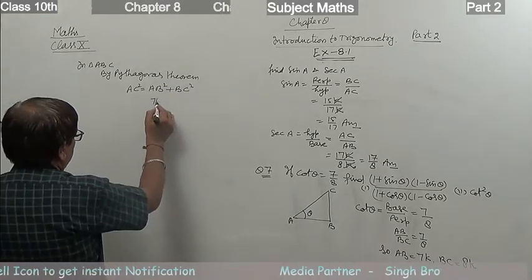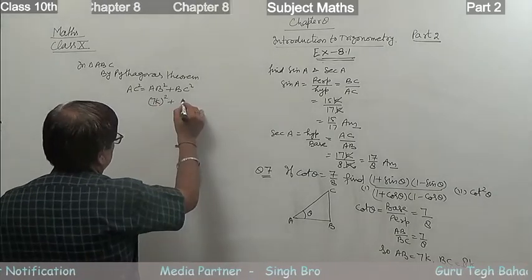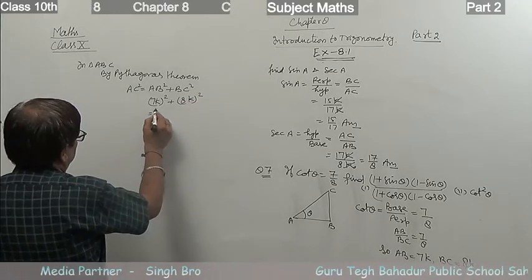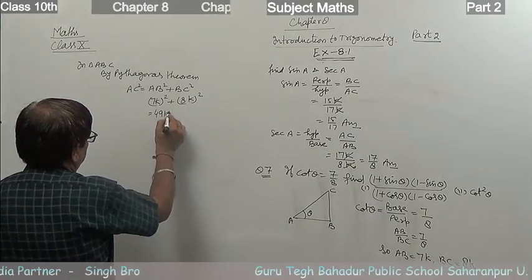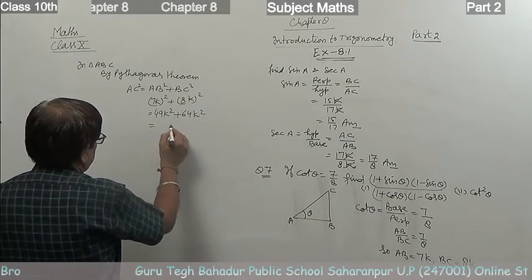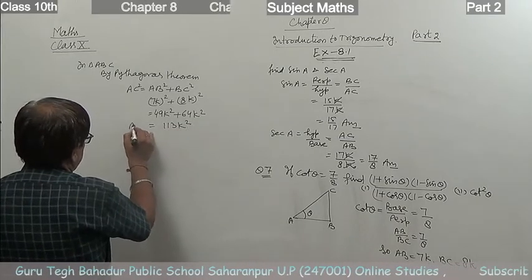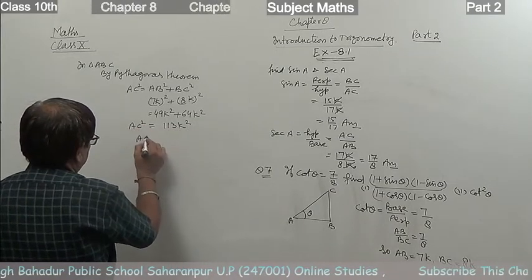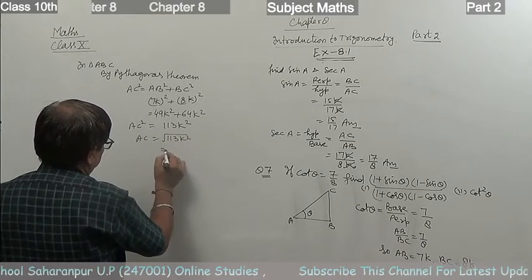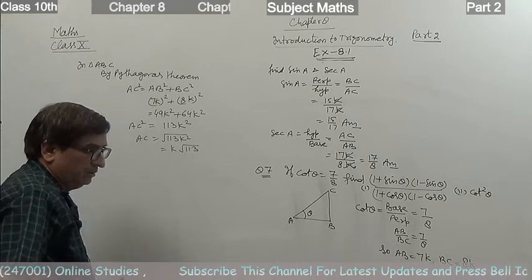AB is 7k, BC is 8k, so it will be 49k square plus 64k square, so it will be 113k square, and AC is square root 113k square, so it can be written as k root 113.